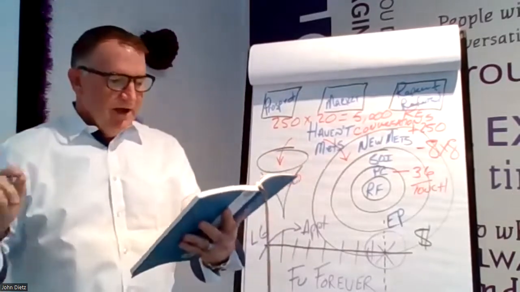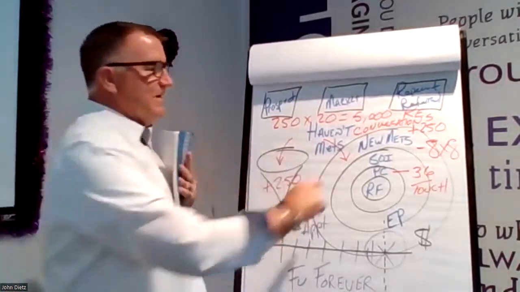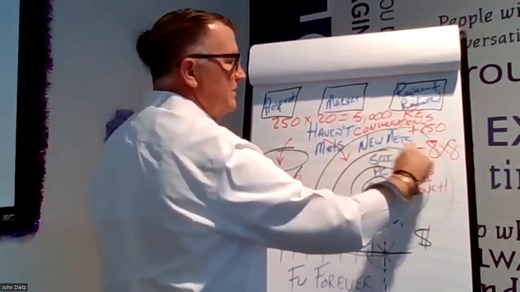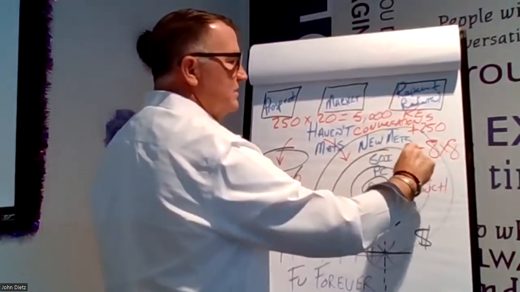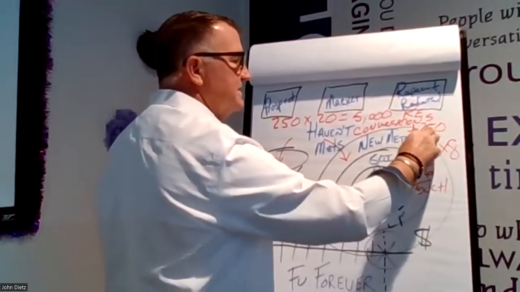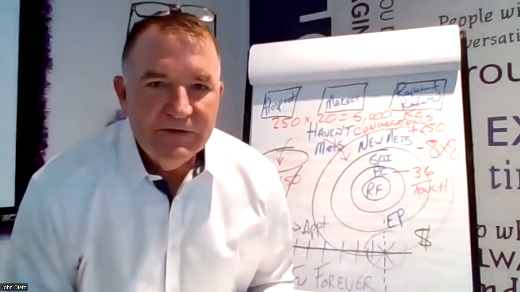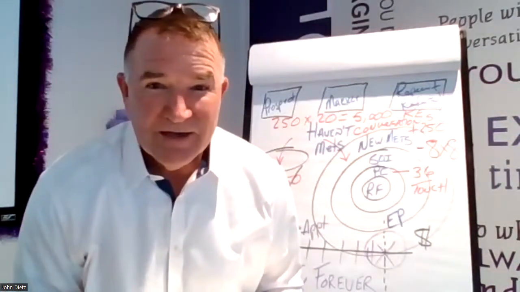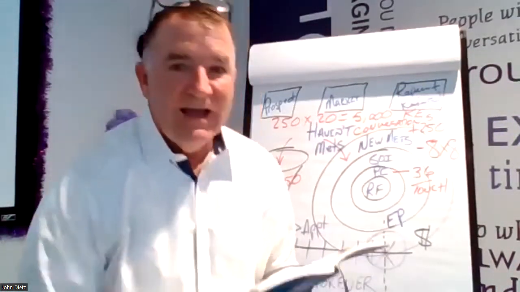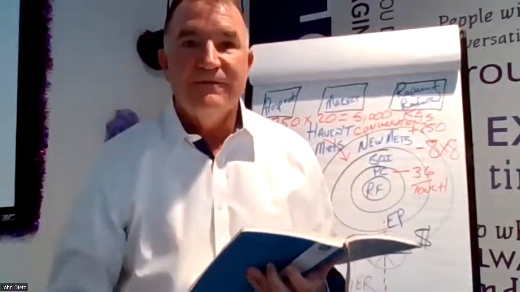That's amazing. D, use an 8x8 touch with your new Mets in order to create top of mind. So when they think of you, they're thinking of real estate. An 8x8 simply means that you're going to communicate with the new Mets once a week for 8 weeks. Now, send them an email, send them a personal note, send them a card, make a phone call.